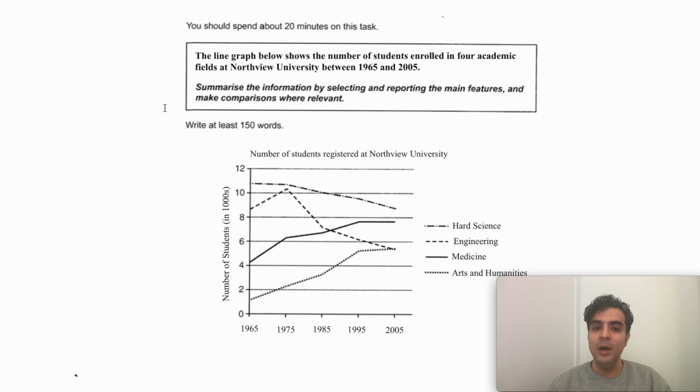And finally, the question says, make comparisons where relevant. Remember my example of a table with 10 columns and 10 rows? Now, if you were just presenting the data and not even drawing any comparisons, you have a lot on your hands. Now imagine if you're also comparing all of this data together.